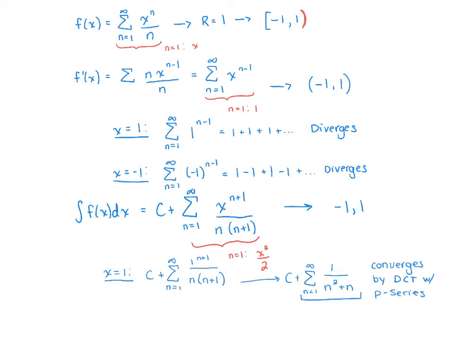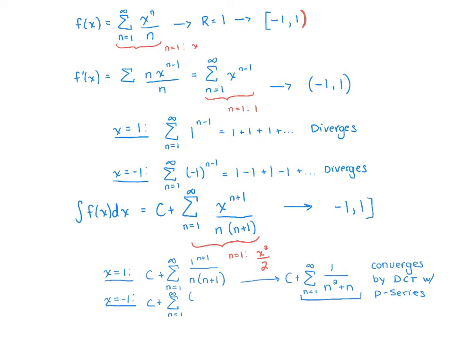So guess what? Now +1, you have come to the convergence party. And there's a good chance that because -1 was included in our original interval of convergence for f of x, -1 will be included in our antiderivative's interval of convergence.